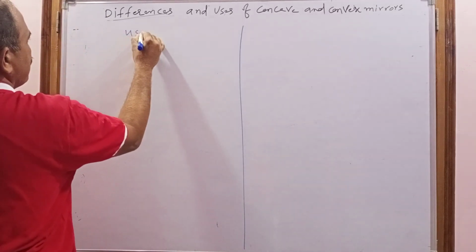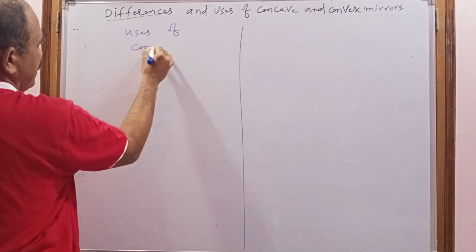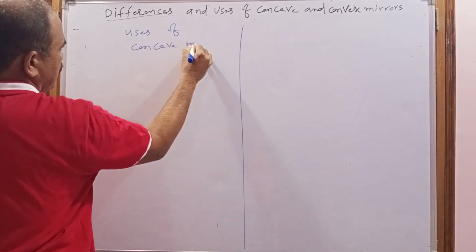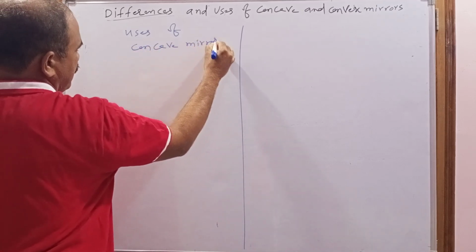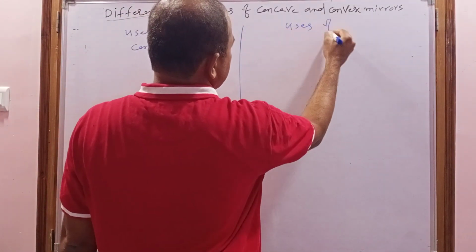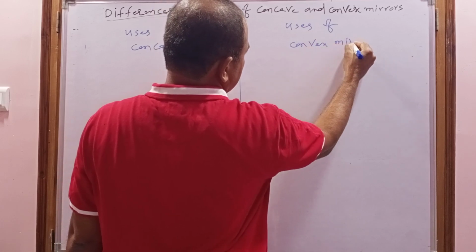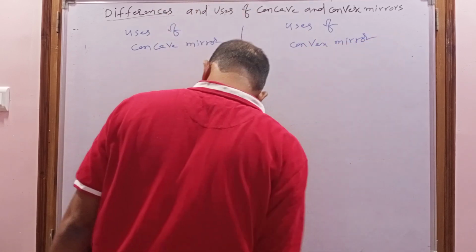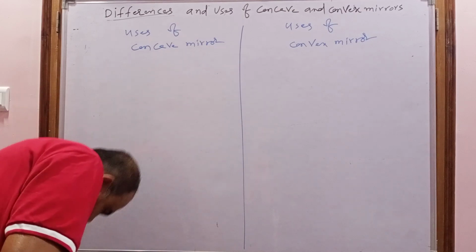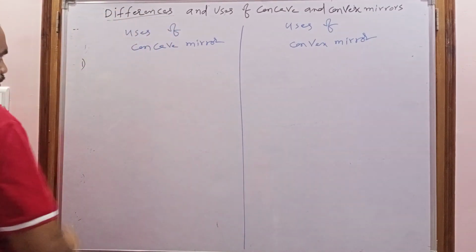I am writing uses of concave mirror on the left side, and uses of convex mirror on the right hand side. These are also very important uses. You have to remember.